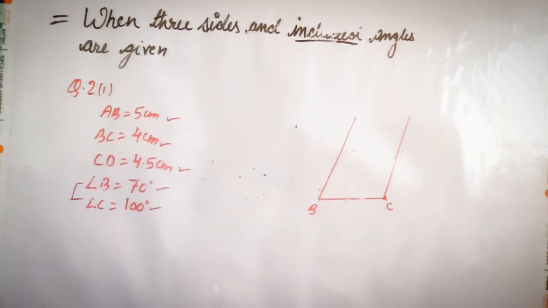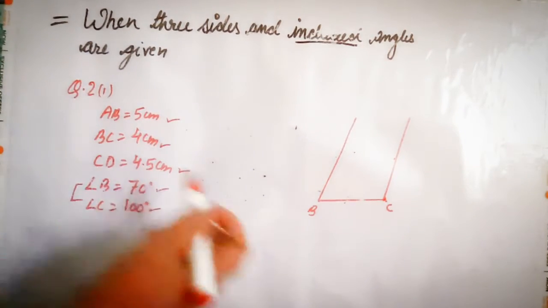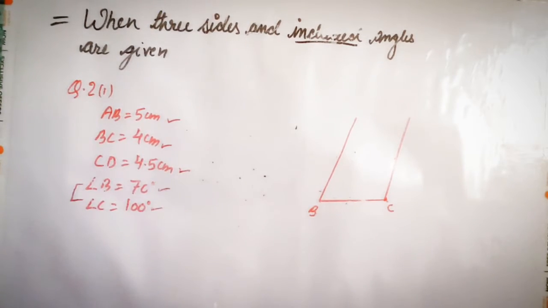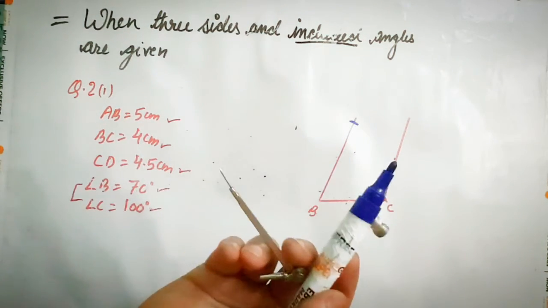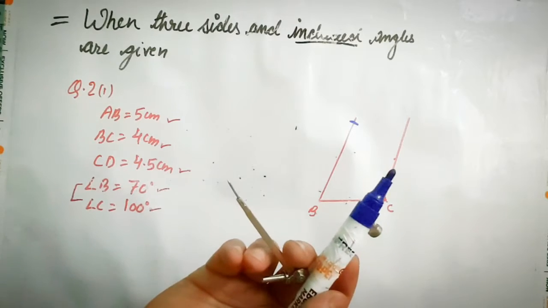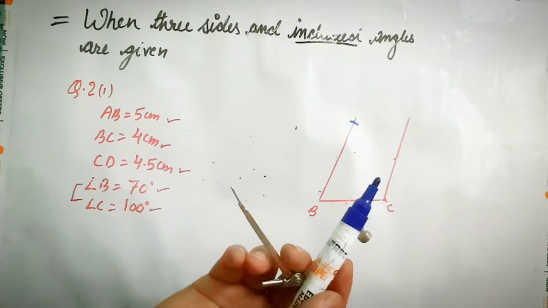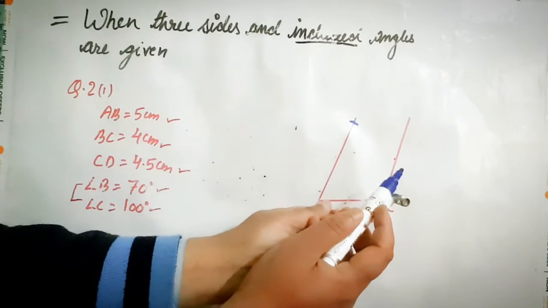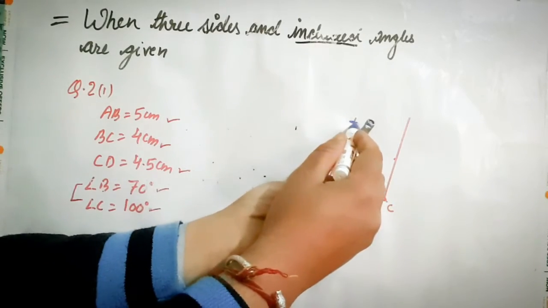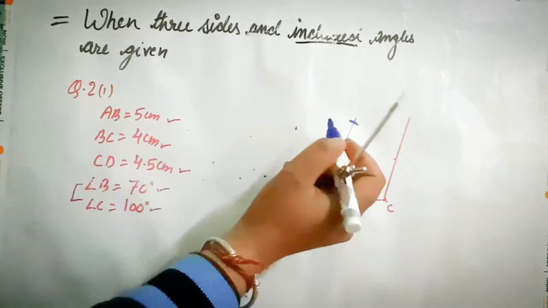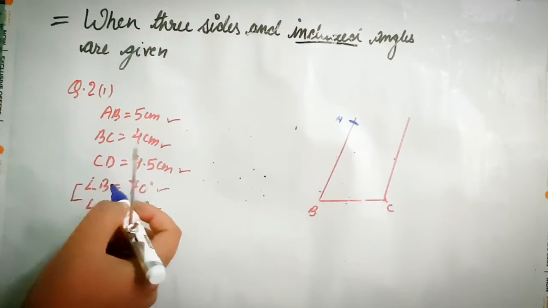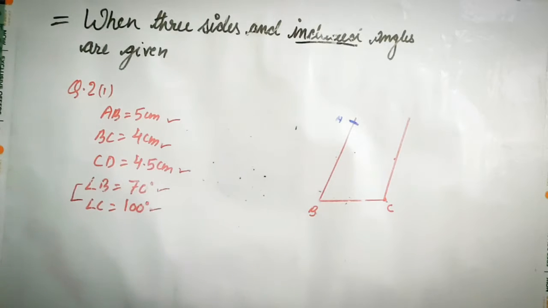Now you have to draw AB and CD. AB is given equal to 5 cm. Open your compass equal to 5 cm. We have to draw AB. So place your compass on B and cut a point A. This is equal to 5 centimeters. Then next is CD equal to 4.5.